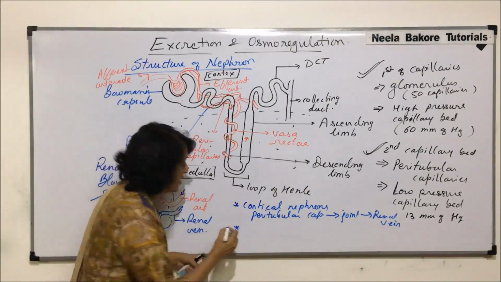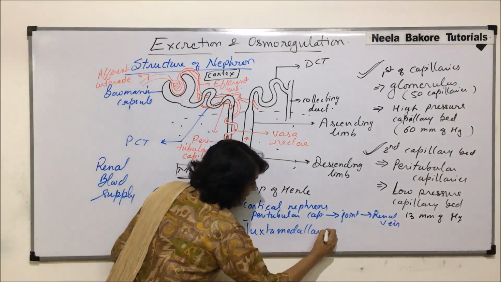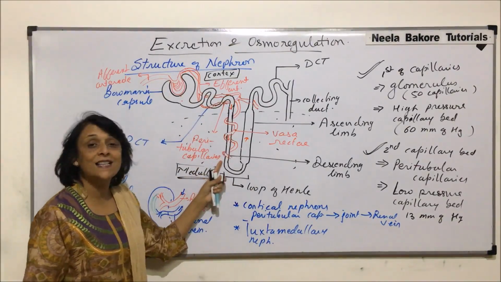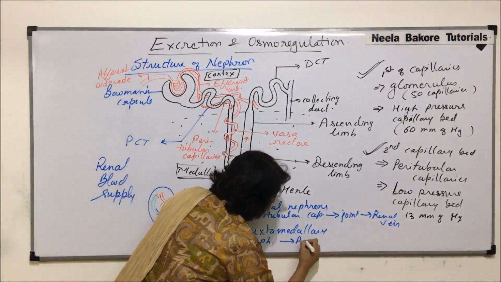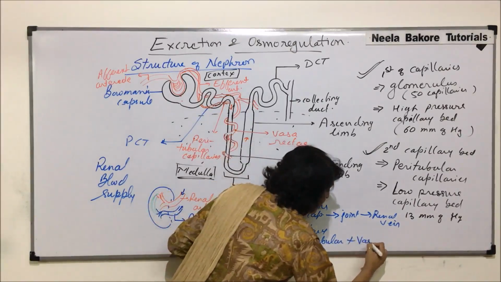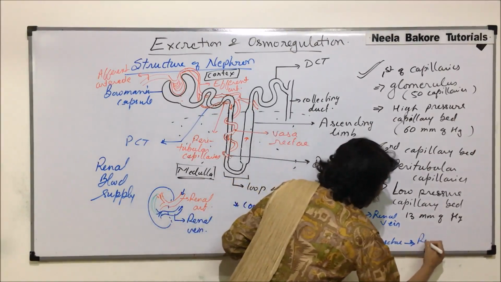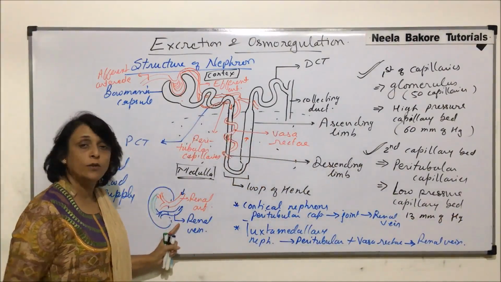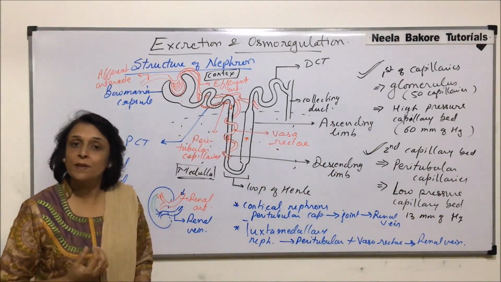In juxtamedullary nephrons, it is peritubular plus vasa recti. They join to form the renal vein. So the end thing is finally this vein through which the blood is going to come out. The only difference is which part is forming the renal vein.